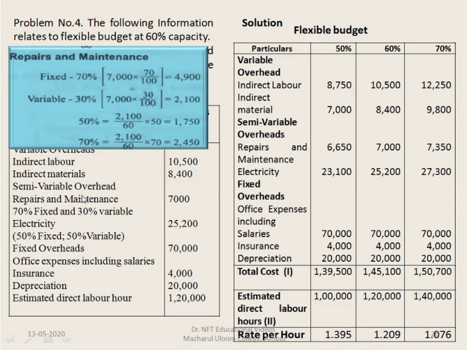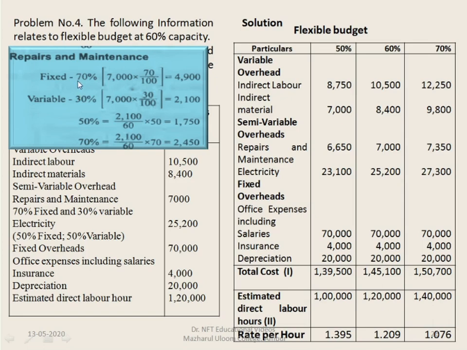Now the next one is semi-variable overhead. Under that, the first one is repairs and maintenance, where they have given 70% fixed and 30% variable. Here 7,000 is the total cost for 60% capacity, so you write 7,000 in 60% capacity.